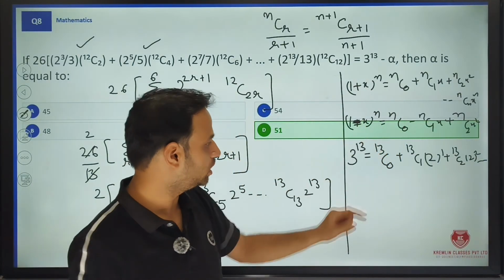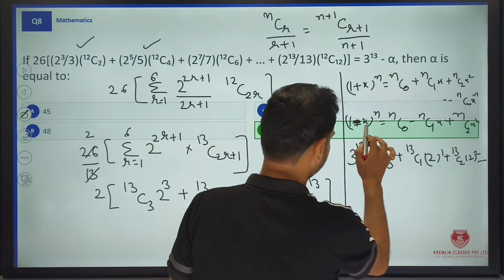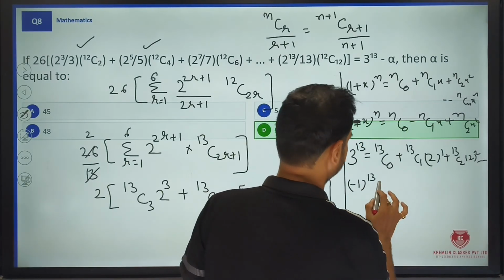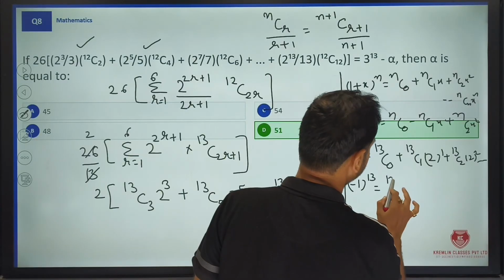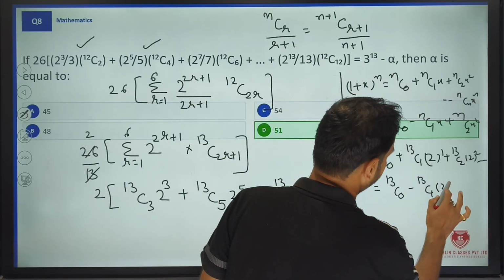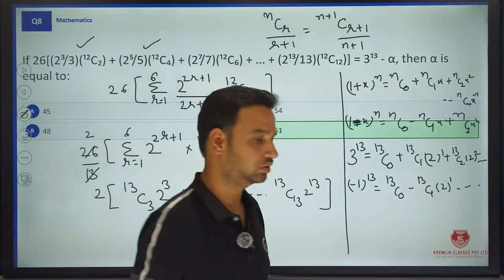When we put 2 again, it will be (minus 1) power 13 equals 13C0 minus 13C1 2 power 1, dot dot dot.